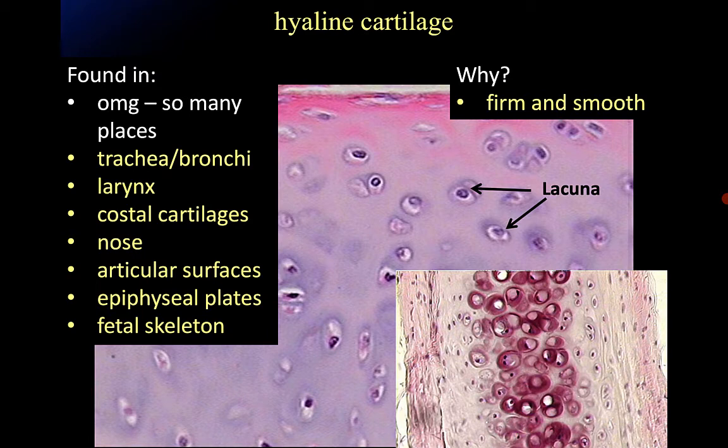And we convert that cartilage into bone, leaving cartilage on the articular surface. And until we reach maturity and stop growing, we leave it at what we call the epiphyseal plates. The epiphyses are the ends of our long bones, and the epiphyseal plates are basically slabs of cartilage in there which allow those long bones to continue growing in length until we reach maturity and convert that into bone.